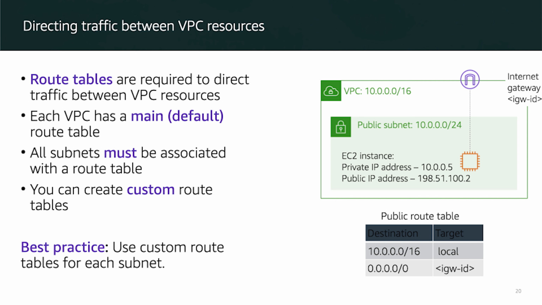In general, the main route table is created by the VPC creation wizard, and it only contains a single local route, which enables communication between all your resources inside your VPC. You cannot modify the local route in a route table. This is another exam question. When you launch an instance in the VPC, the local route automatically covers that instance. You don't need to add the new instance to a route table.